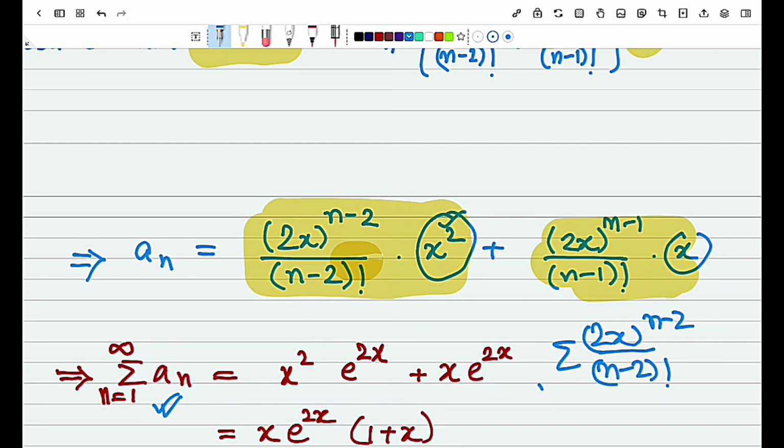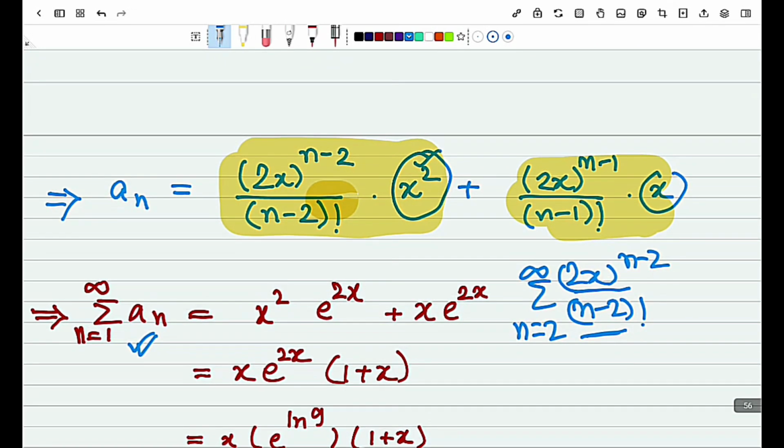Now this ranges from n equal to 2 to infinity. Why is it 2? Just because when n is 1, the denominator is not defined, so we have to start it from 2, right?